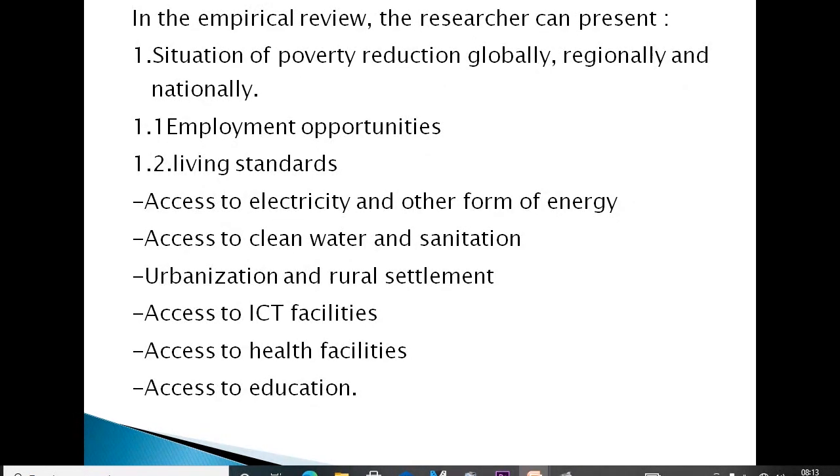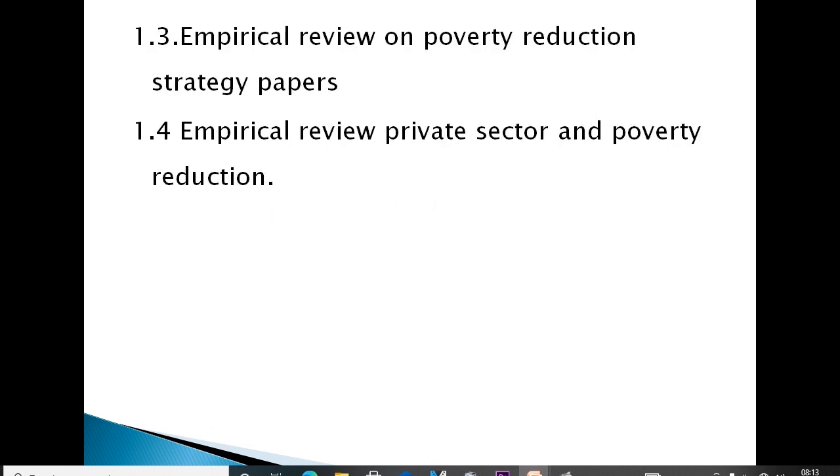Here in living standards we can have some sub-variables, like the situation using statistical data about access to electricity and other forms of energy, access to clean water and sanitation, urbanization and rural settlement, access to ICT facilities, access to health facilities, access to education, and the empirical review on poverty reduction strategy papers, and the empirical review on private sector and poverty reduction.